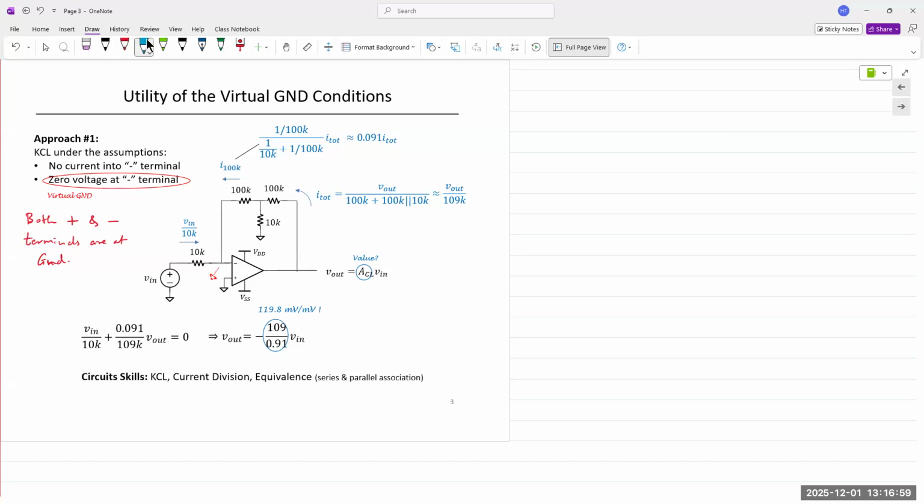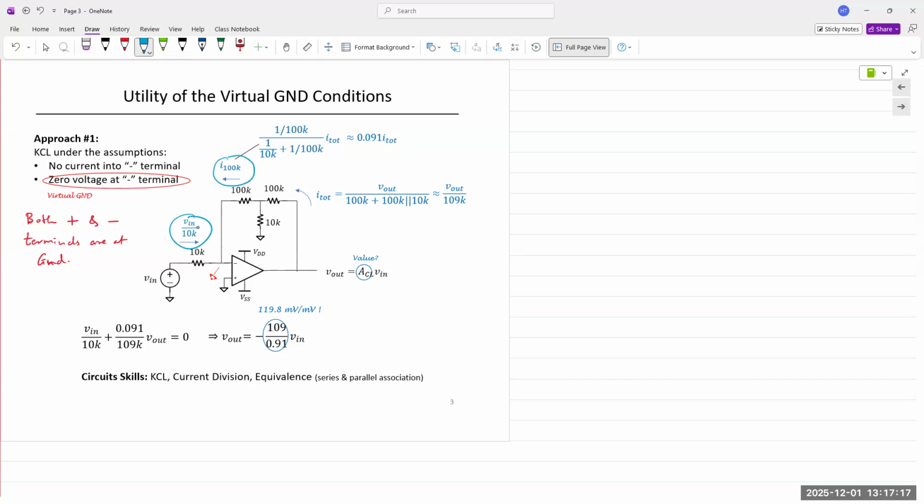So it does this thing. We have current coming in from our supply right here, input current, and then we have this current coming from the feedback path.